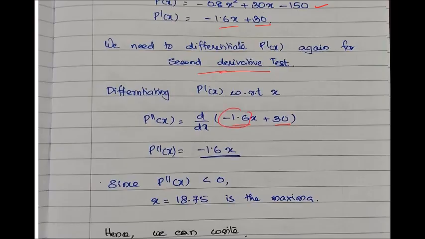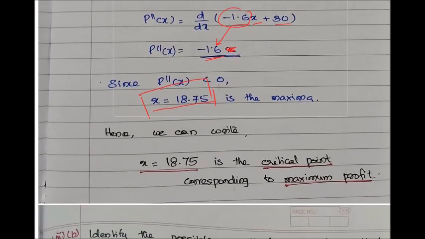Here -1.6 is a constant, and the derivative of x is equal to 1. Since P''(x) is less than 0, because this is negative, x = 18.75, which we found in the previous question, is the maxima. Hence we can write x = 18.75 is the critical point corresponding to the maximum profit.